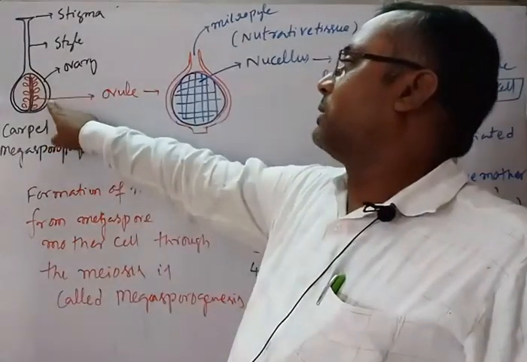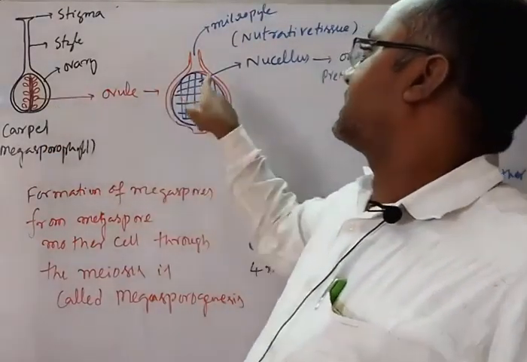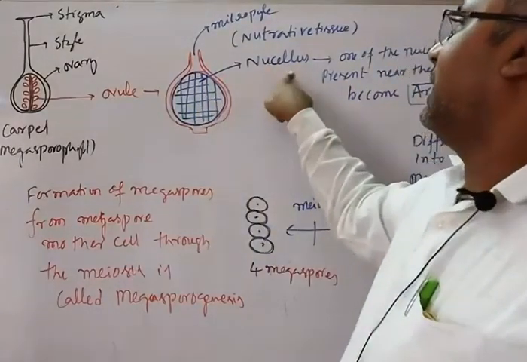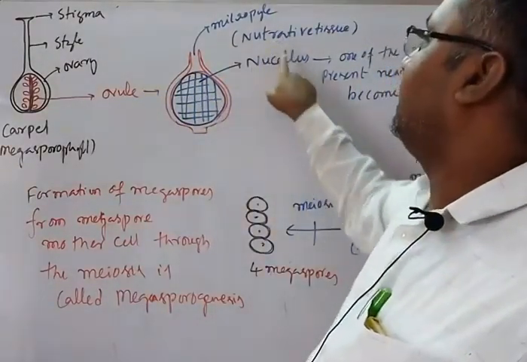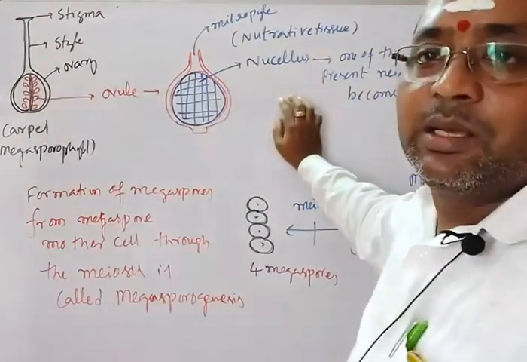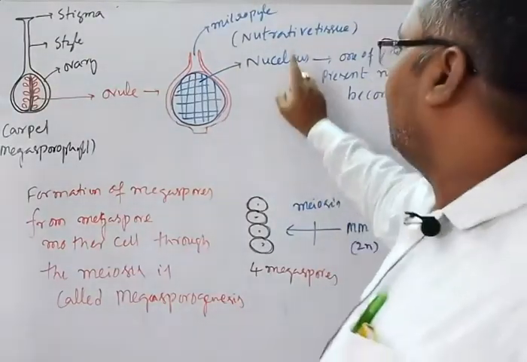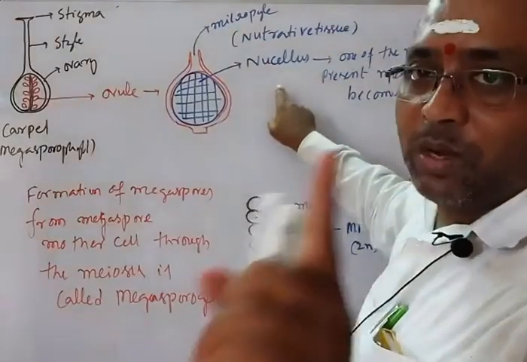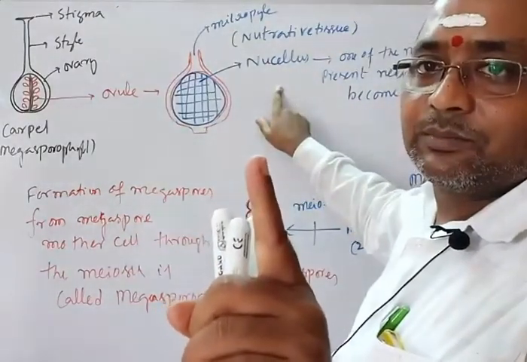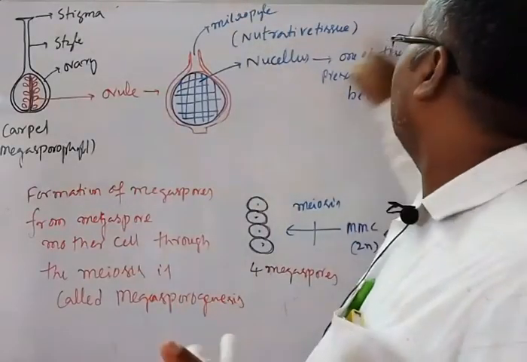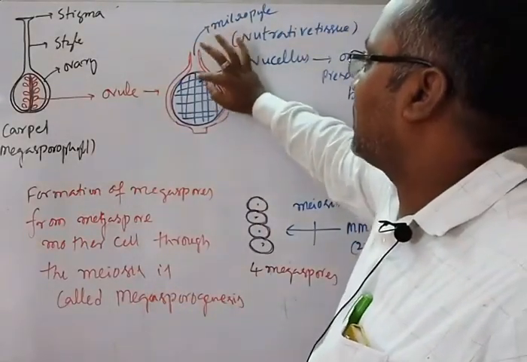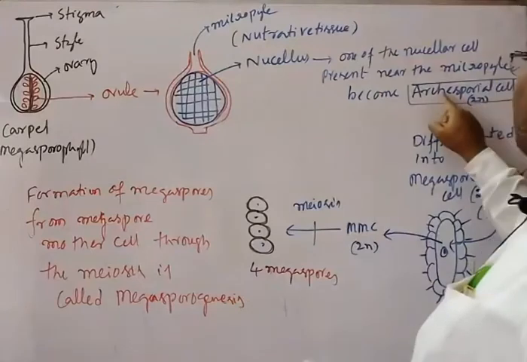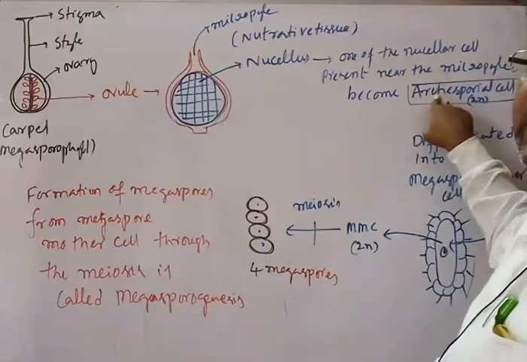Ovary encloses ovules. Inside the ovule, there is a tissue called nucellus. It is a nutritive tissue actually. It supplies nourishment. In the nucellus, one nucellus cell which is present nearer to the micropyle becomes a cell called the archisporial cell.